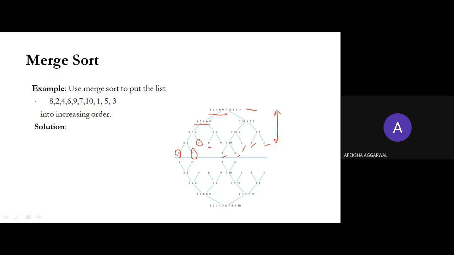Now 99 itself is sorted, 98 itself is sorted, but I will merge them by keeping 98 first and 99 second. So I will get a list having two elements which are sorted: 98, 99. Got it? And we will repeat this procedure until we get the whole merged list. So this is the concept.